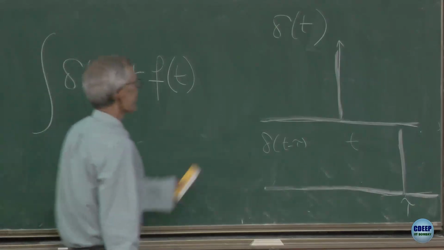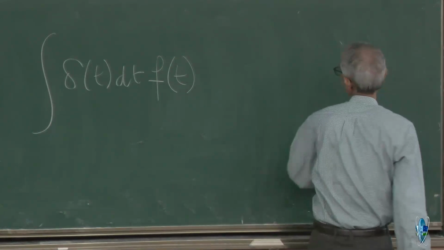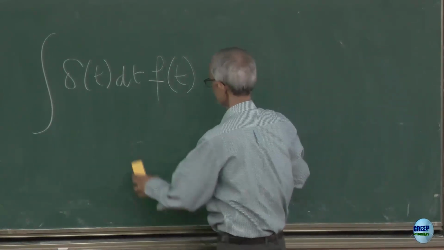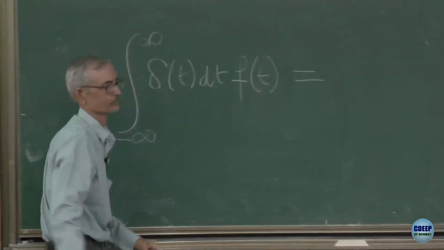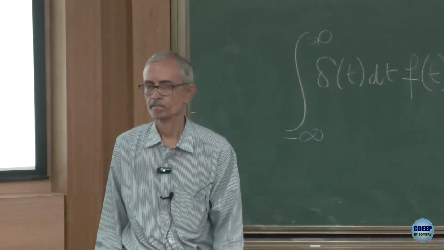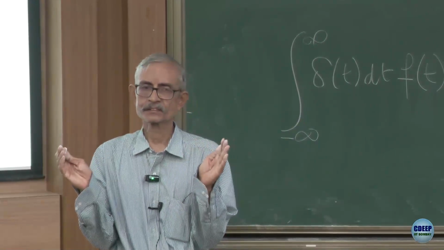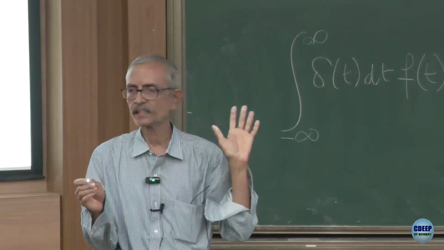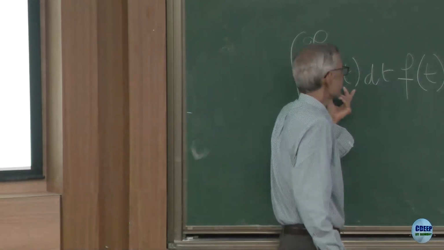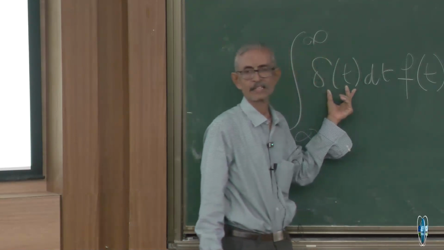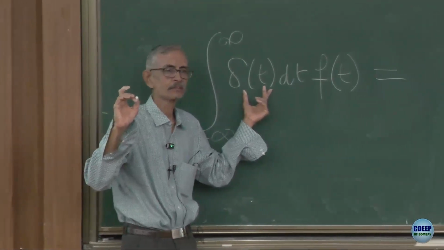Okay, now having understood that, what would this be equal to? What is the delta function? At 0, there is a large number, correct? So, which means that this guy is 0 everywhere except at t equal to 0.